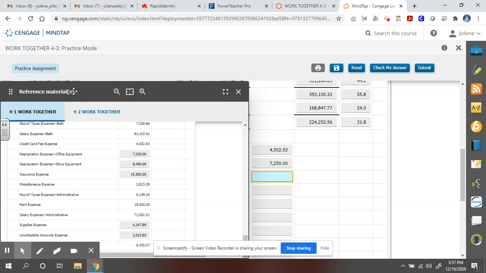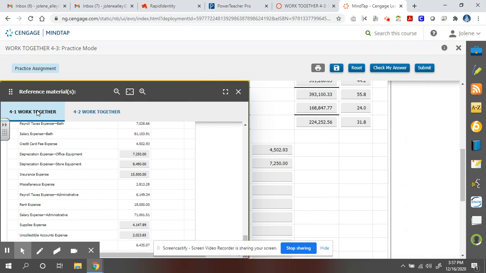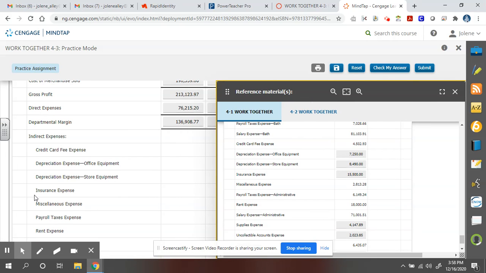The next box is asking us for depreciation expense for store equipment, and that's $84.90. The next line asks us for insurance expense, which is $15,500.